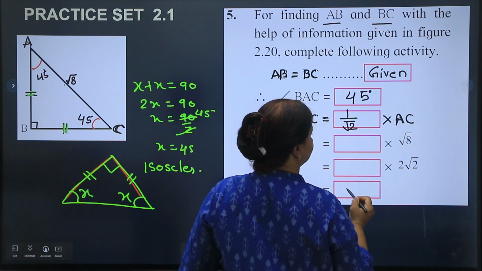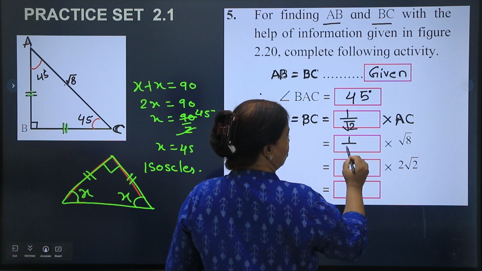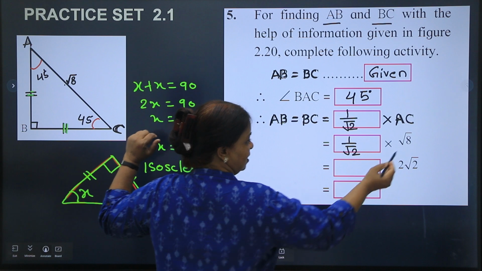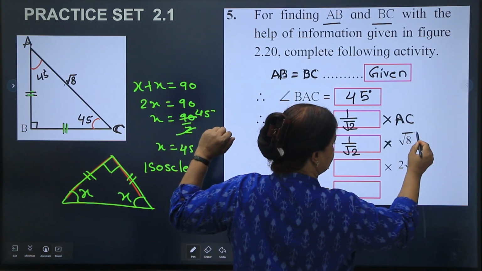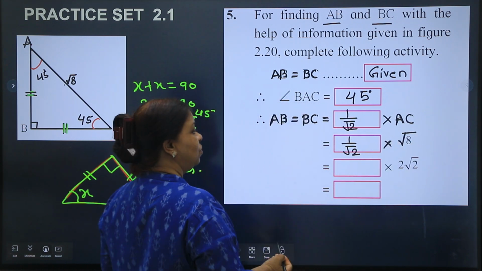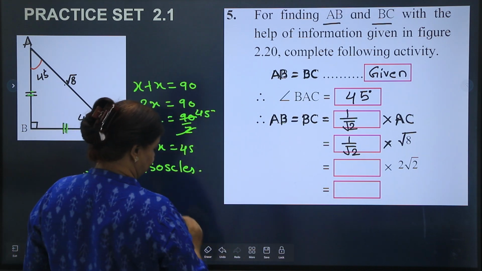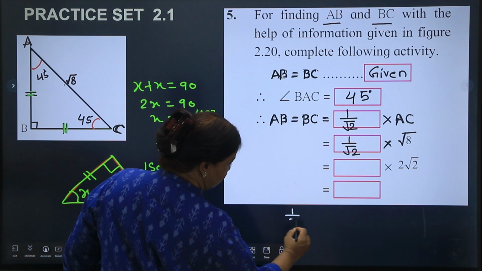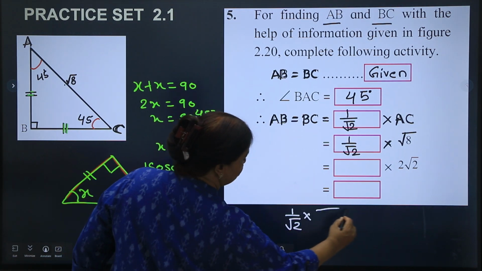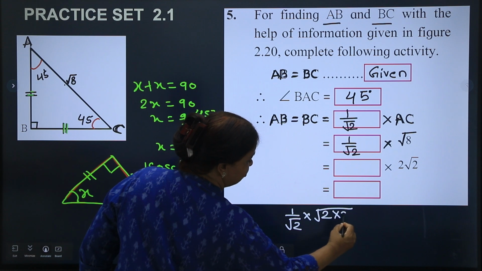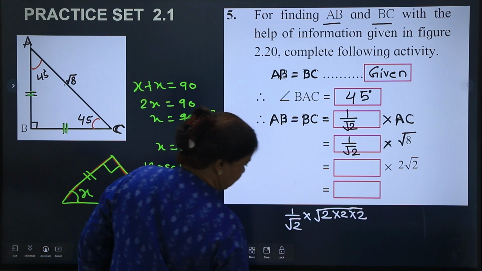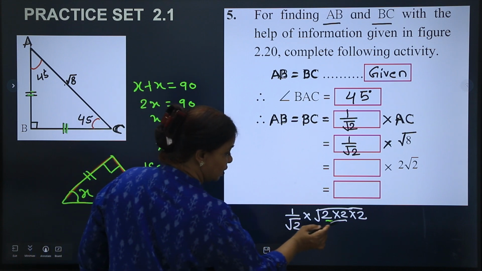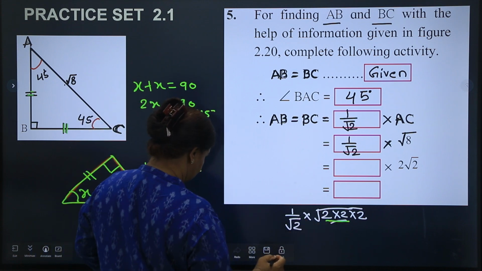AC is the hypotenuse, so 1 upon root 2 into root 8. Now root 8 can be written as, let me solve it here: 2 twos are 4, 2 twos are 8. This is 2 times 2 inside the root, so 2 will come out and root 2 will remain inside.